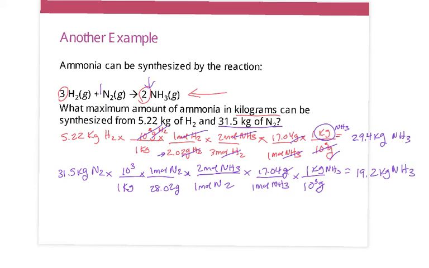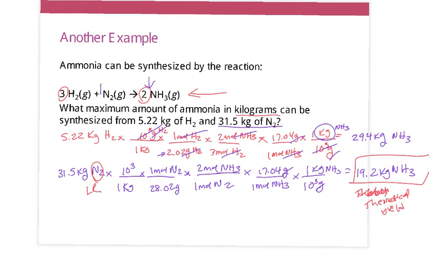Now, what is the maximum amount of ammonia in kilograms? Obviously, we have the theoretical yield of 19.2 kilograms. So N2 is our limiting reactant.